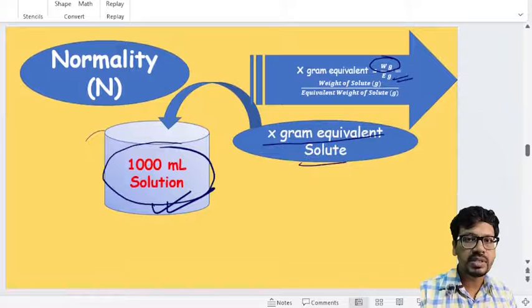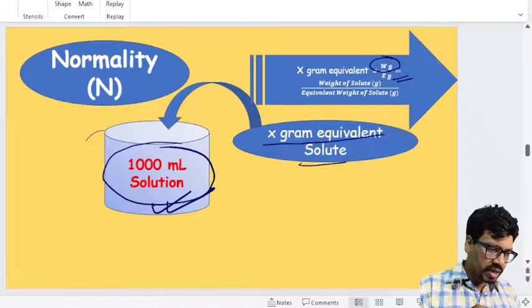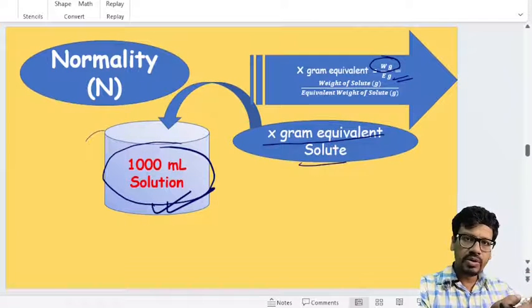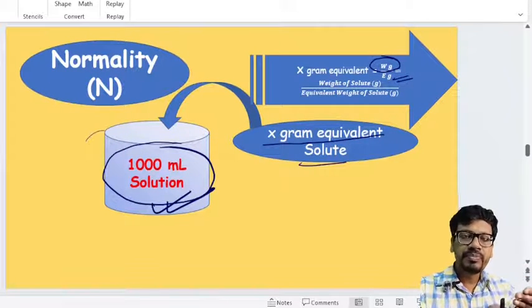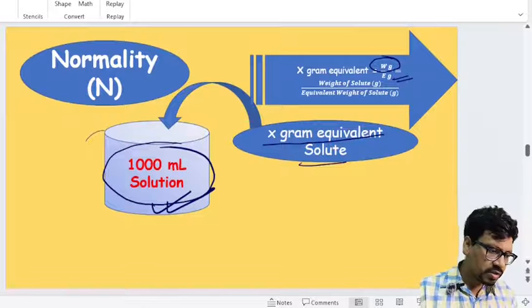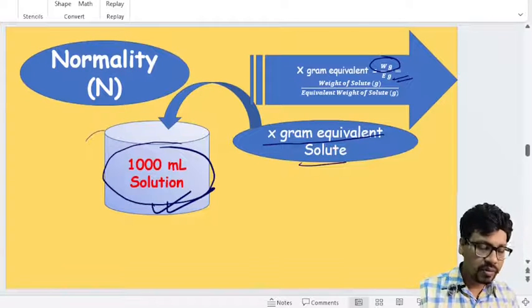Equivalent weight is represented in gram. So the gram equivalent means mass of the solute divided by the equivalent weight of that solute. Clear? So this is the X gram equivalent of solute.